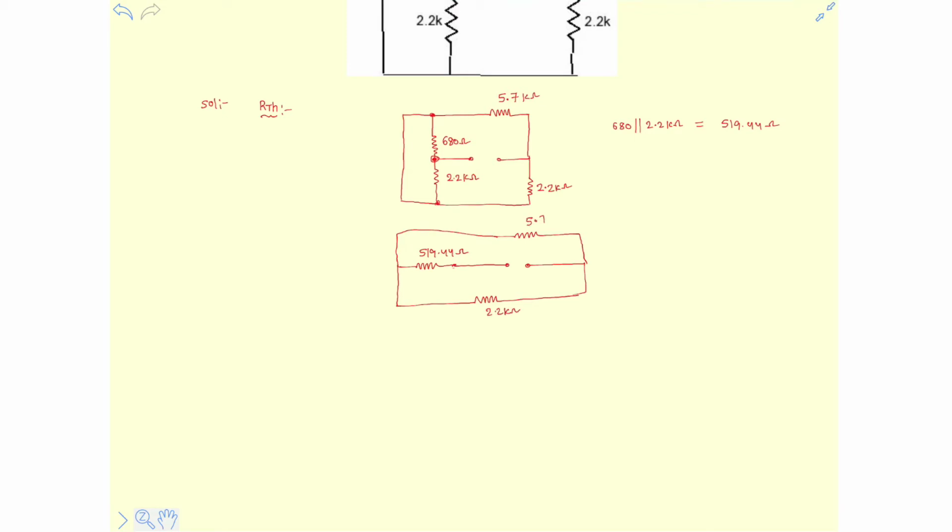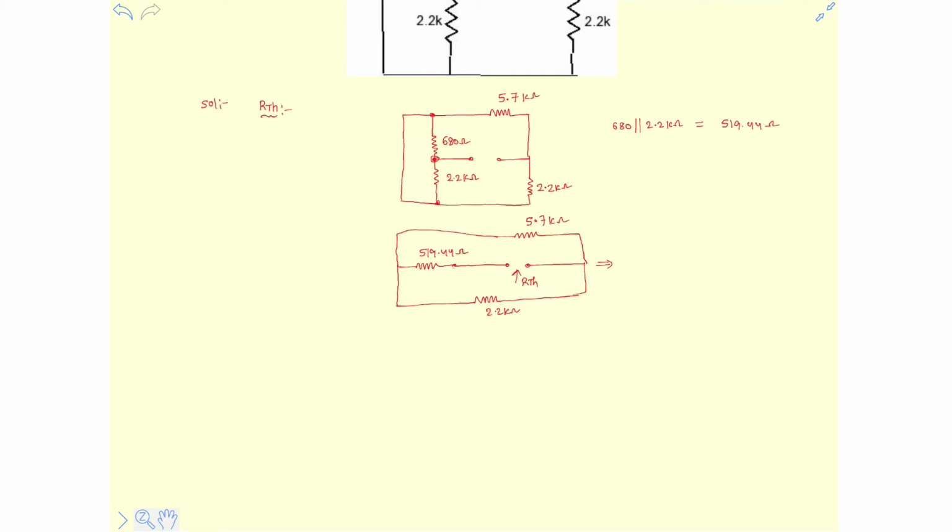It is 5.7 kilo ohm resistor. This is RTH now. So clearly the 2.2 kilo ohm resistor and 5.7 kilo ohm resistor both are in parallel.